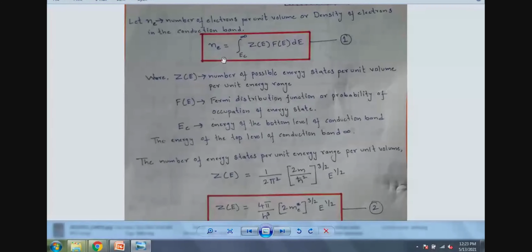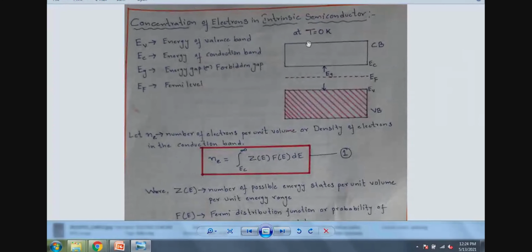The use of this is the limits that I just mentioned. We are considering the conduction band because the density of electrons will be in the conduction band.